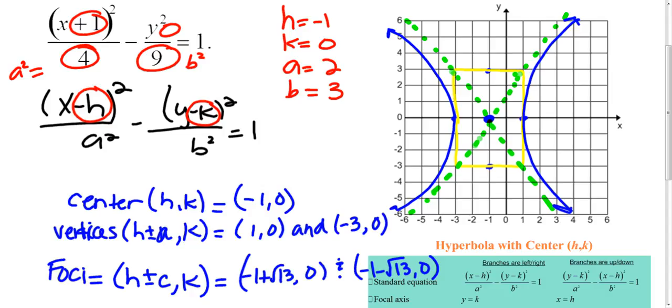So I am going to go 3.87 to the right of the center, so almost 4 to the right of the center, like right about there, and almost 4 to the left of the center. Right about there are my foci. Okay, so if you want to graph that, you certainly can, and go from there.